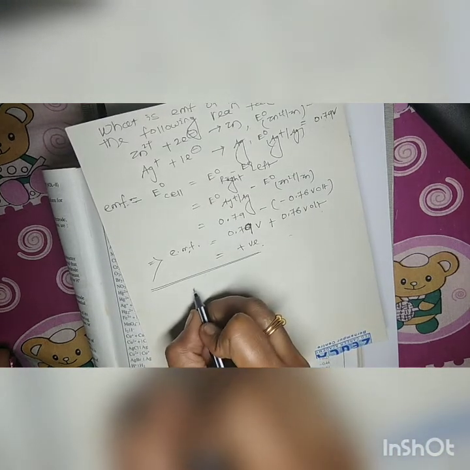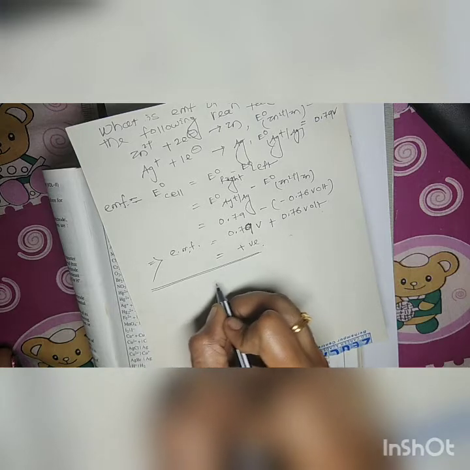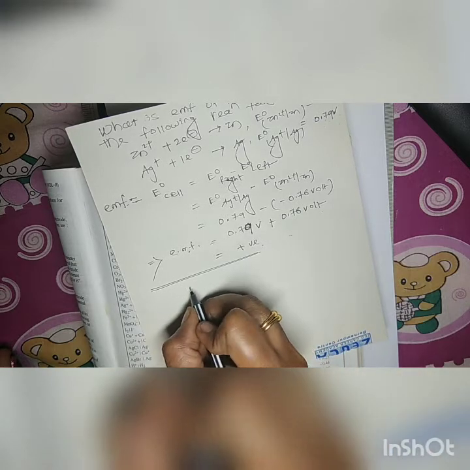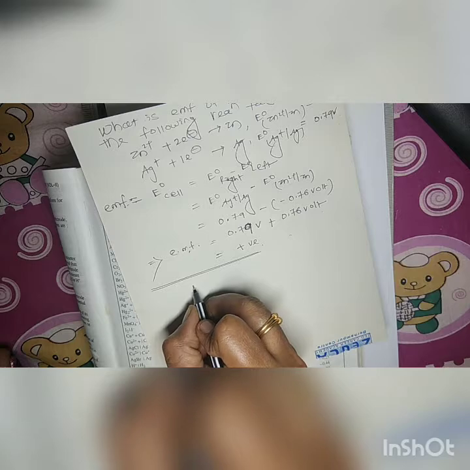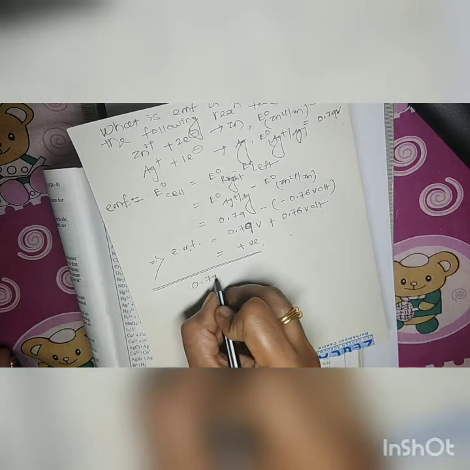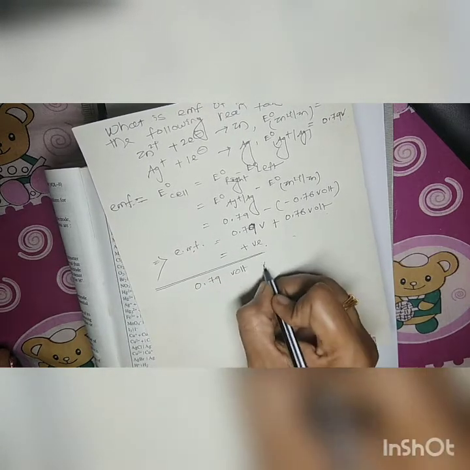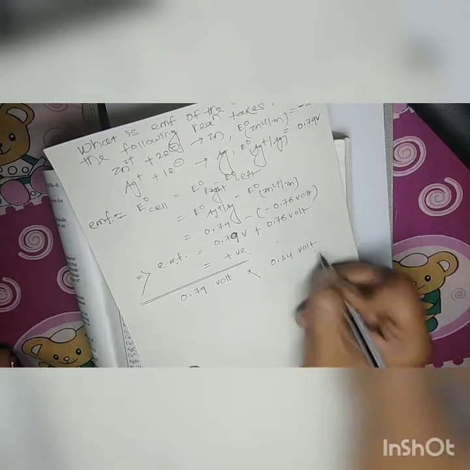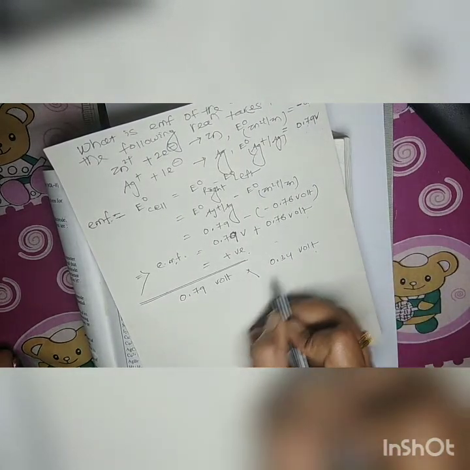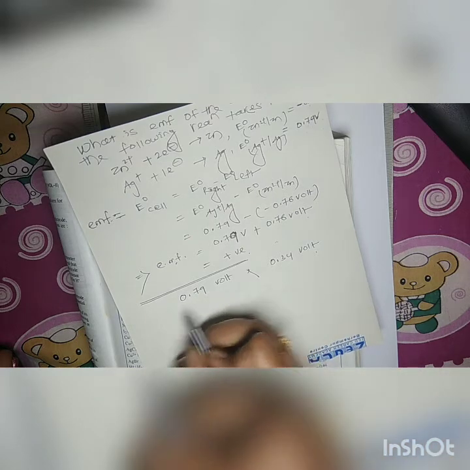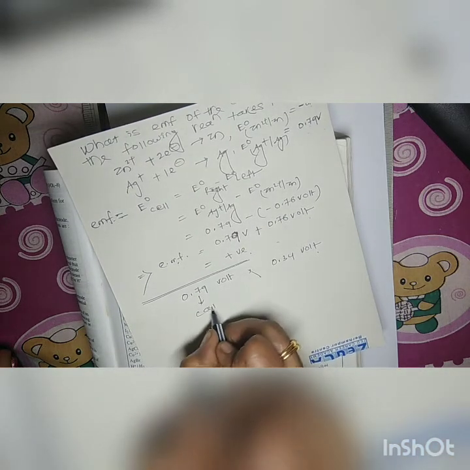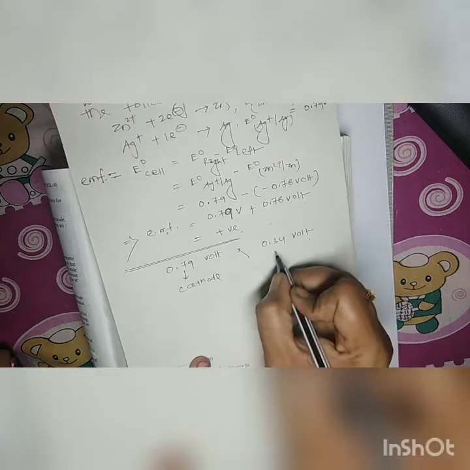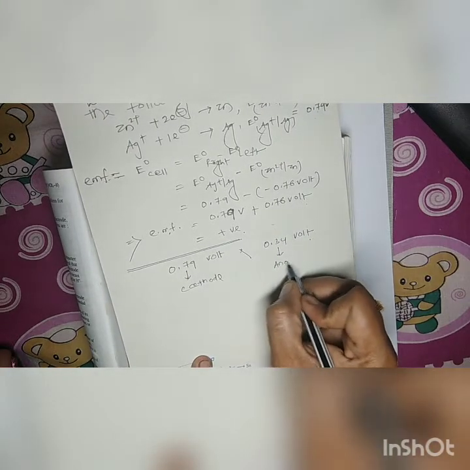Suppose the anodic and cathodic reaction is to be chosen from plus and minus values. Suppose it is 0.79 volt and 0.34 volt. So automatically, who is bigger? 0.79 volt. So this will act as cathode and this will act as anode.